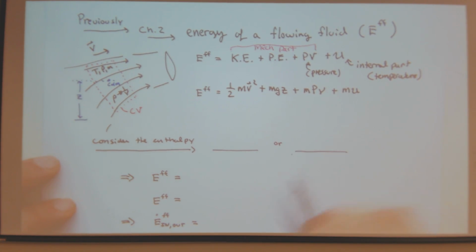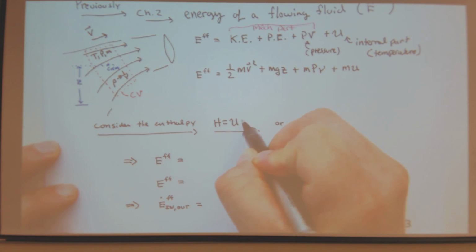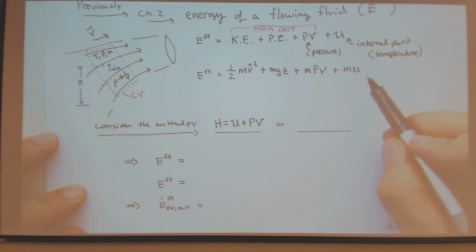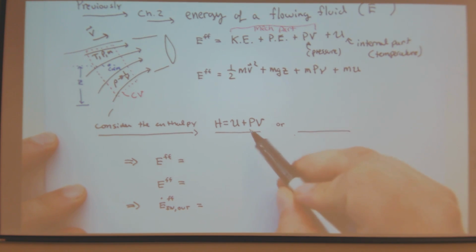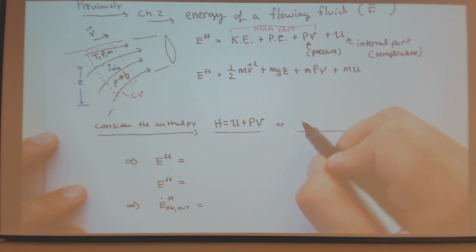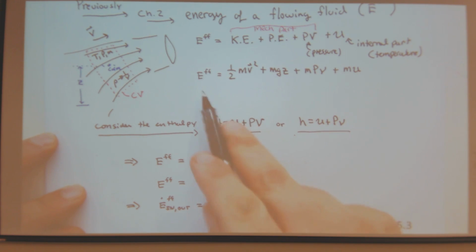So, okay, I did that. Now let's consider enthalpy. So H is equal to U plus PV. Here I have a U, and here I have a U. Here I have a PV. So let's write it in small h form. H is equal to U plus PV. So I can take this and write it in terms of the enthalpy.